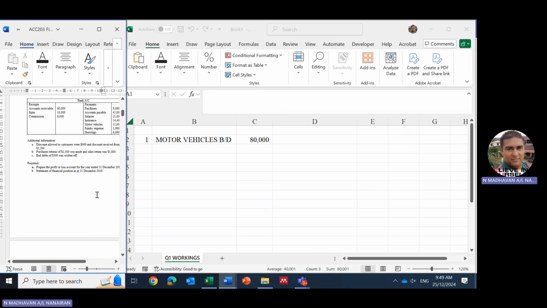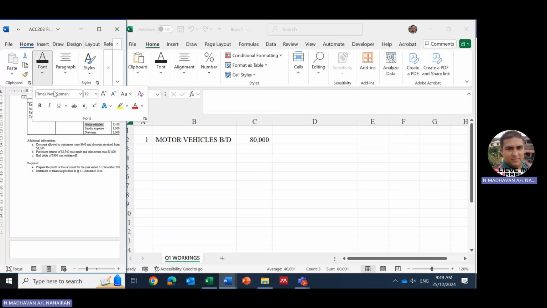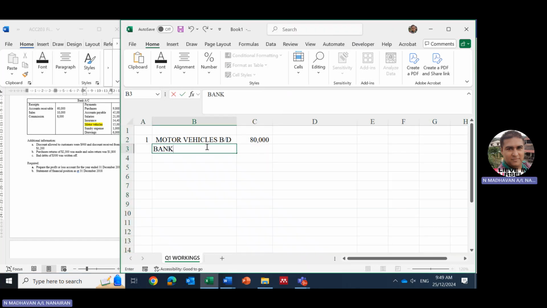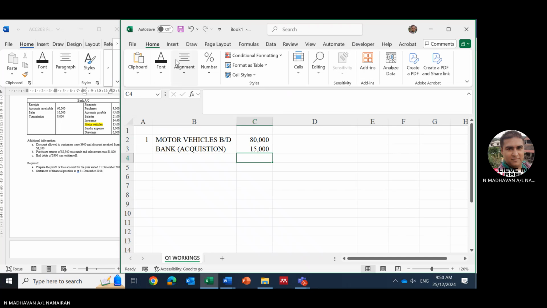Yes, you bought a motor vehicle amounting to how much? 15,000. So, bank acquisition 15,000. So, what's the total? 95.